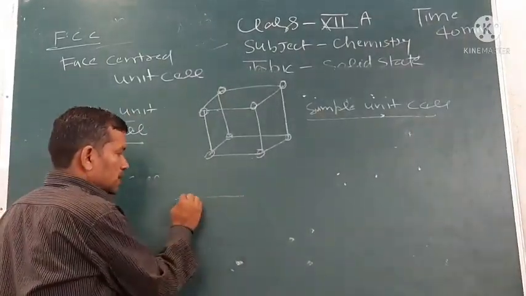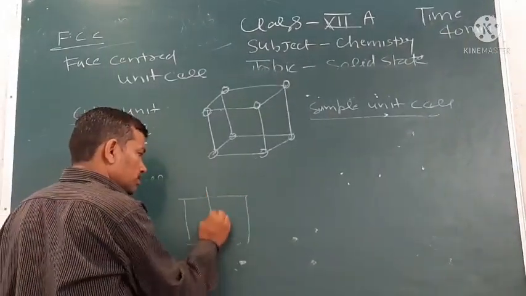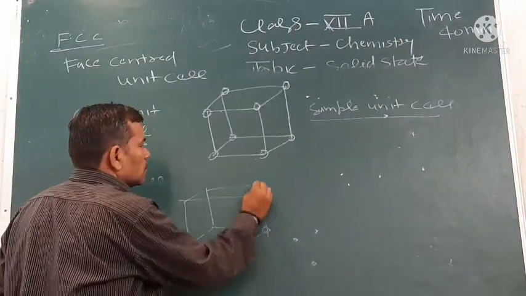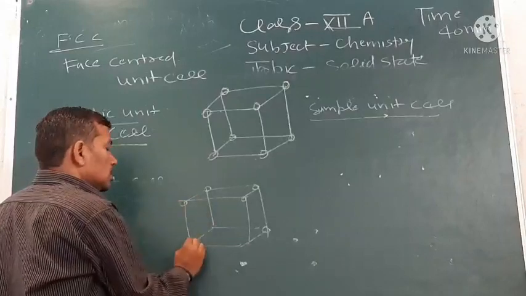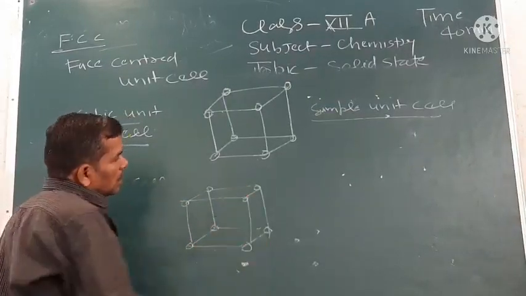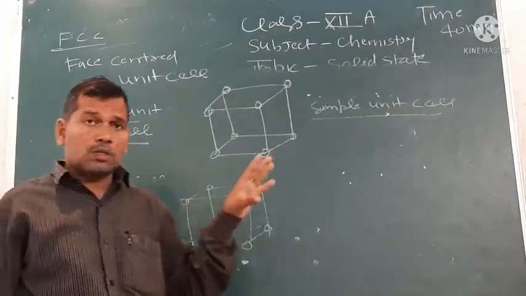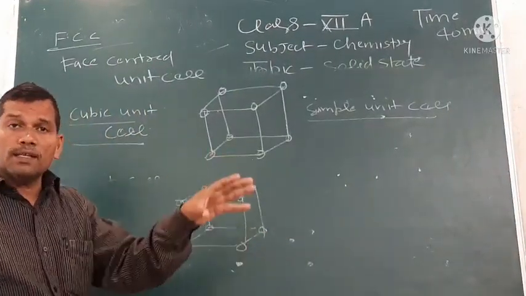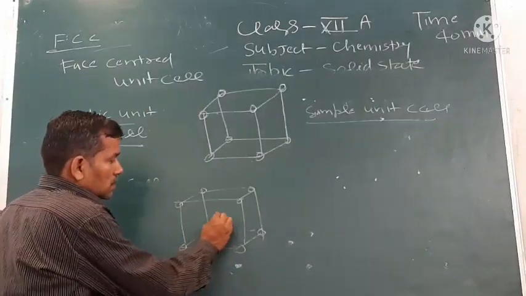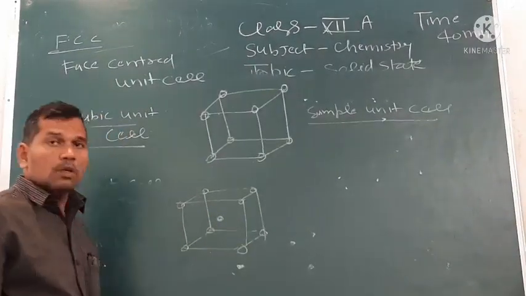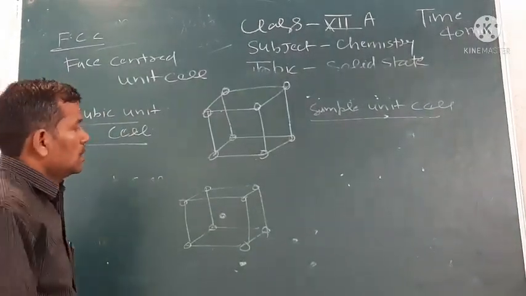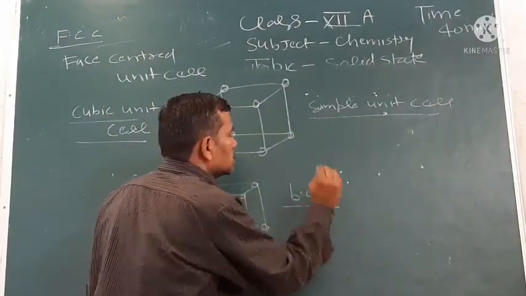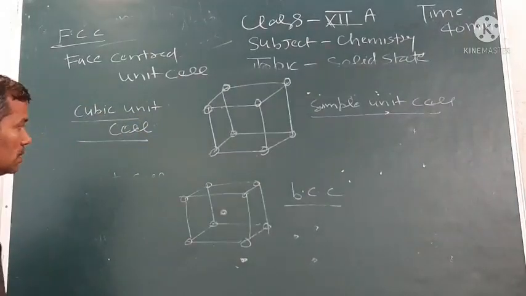And the body centered cubic unit cell: if the lattice points acquire the corners of the cubic unit cell as well as the center of the cube, it is called a body centered cubic unit cell, or BCC.